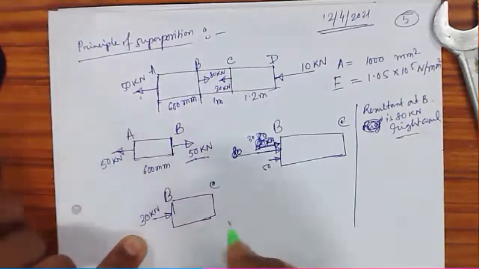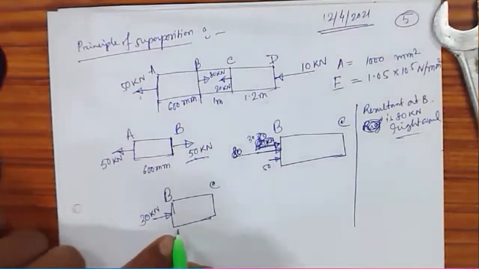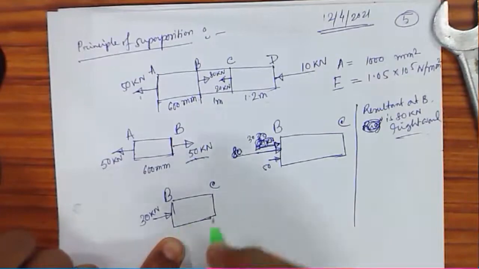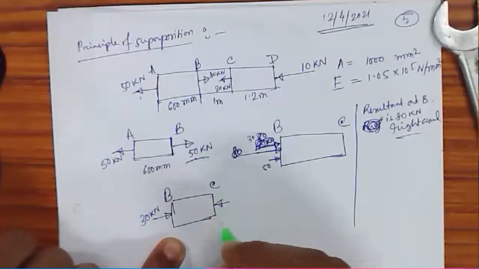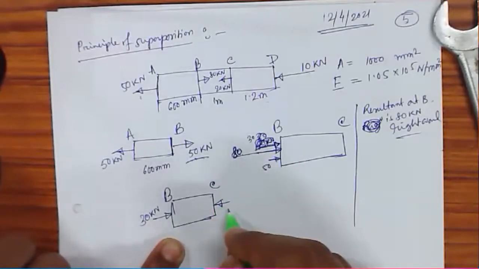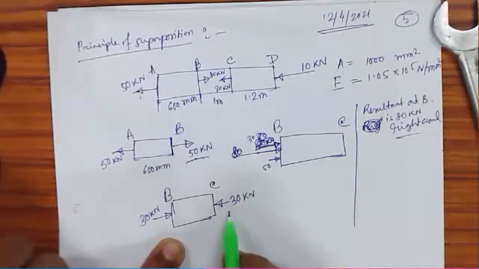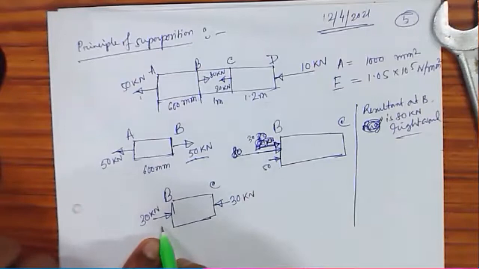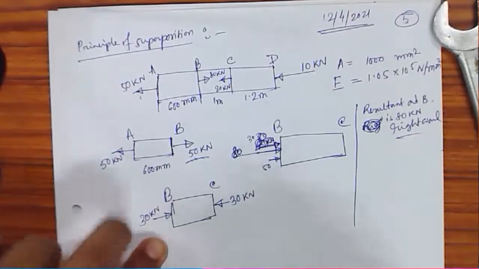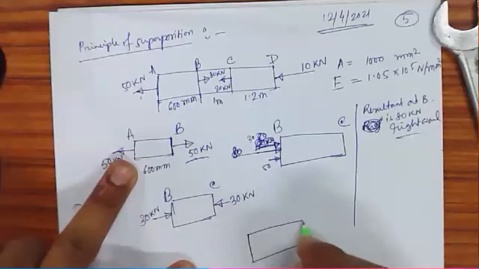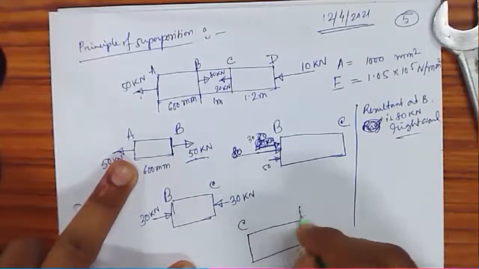Okay, fine. So then, to keep BC in equilibrium, there should be another force equal and in opposite direction, and this should be 30 kilonewton leftward to balance this rightward force. Now again we draw CD.